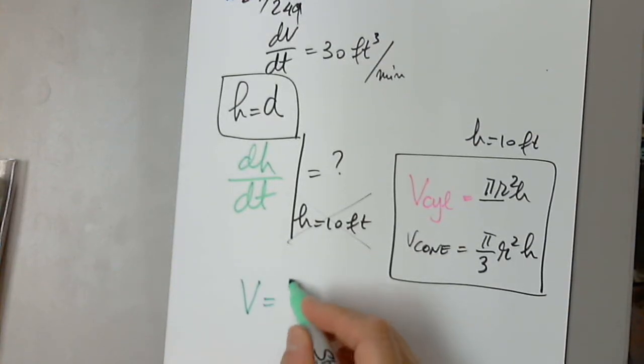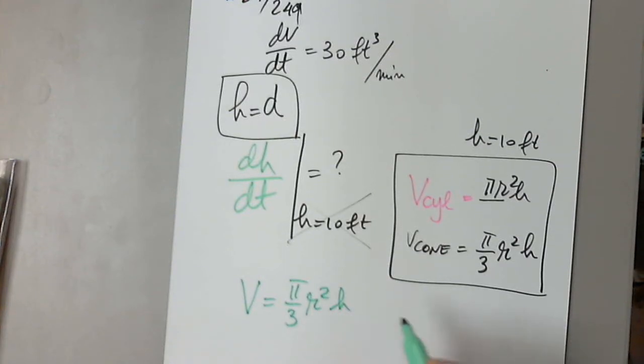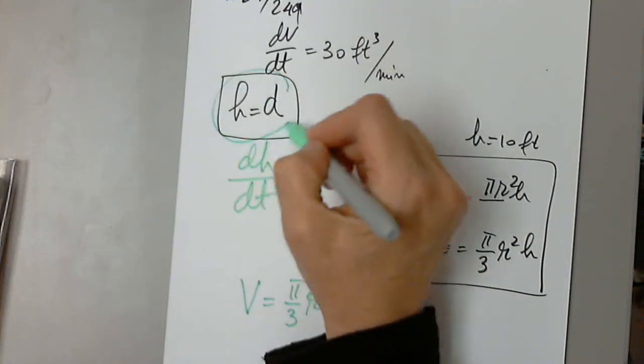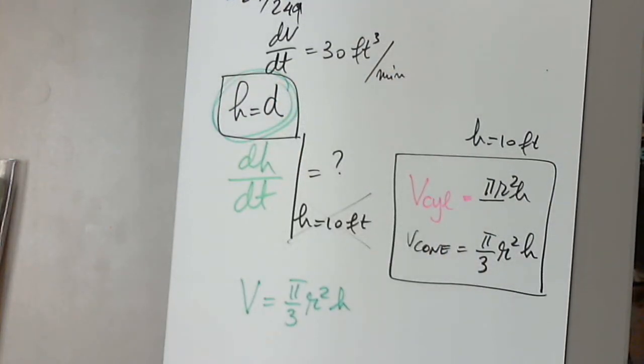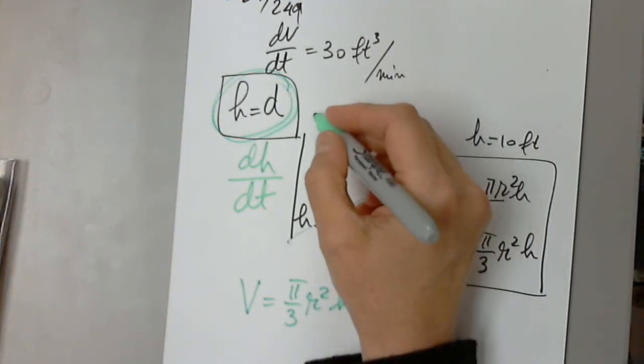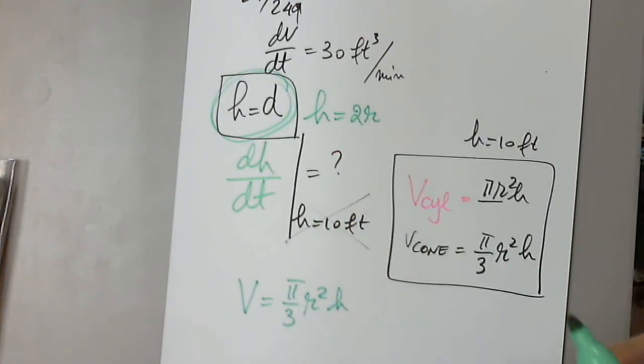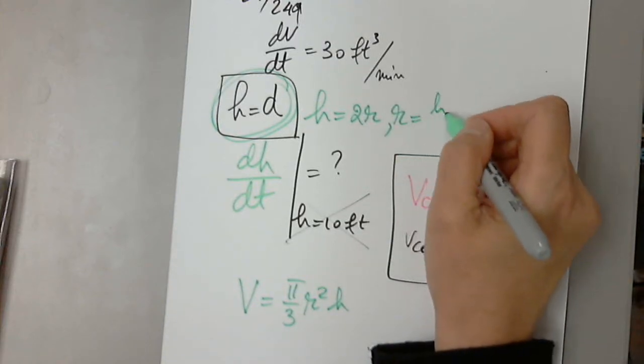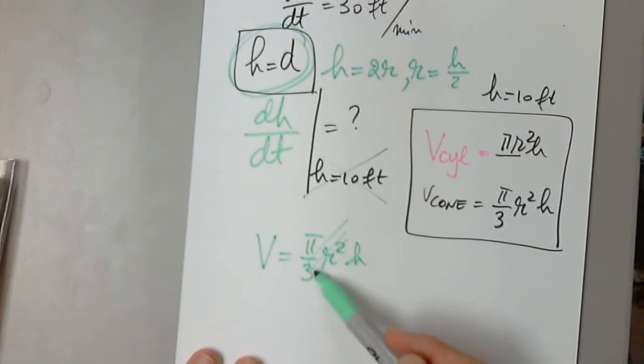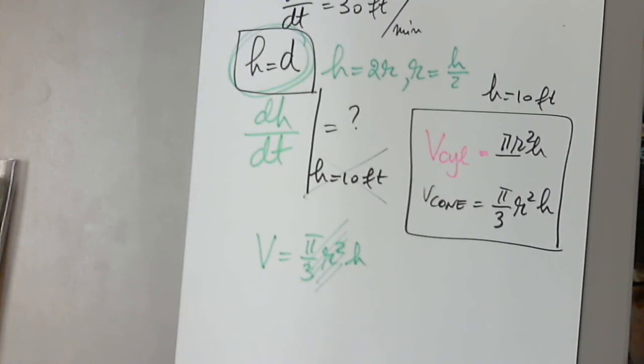So that's our starting point. The volume equals pi over 3 r squared h. But we are given a very important piece of information that I have to make use of immediately, in which the height equals 2 times r, or actually r equals h over 2. I don't know anything about the radius, other than the fact that the height and the diameter are the same at all times.